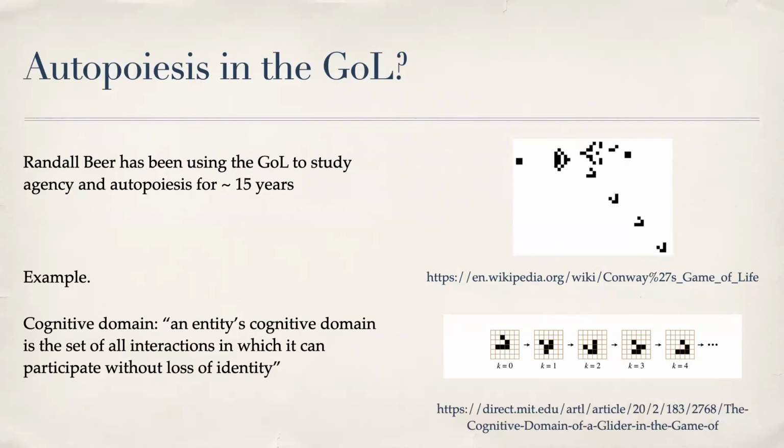As Nick mentioned before, Randall Beer is very careful in not making commitments about, oh, this is life. No, he writes very well and very carefully that what he's interested in is modeling this kind of work. But I think it is something very much worth mentioning.